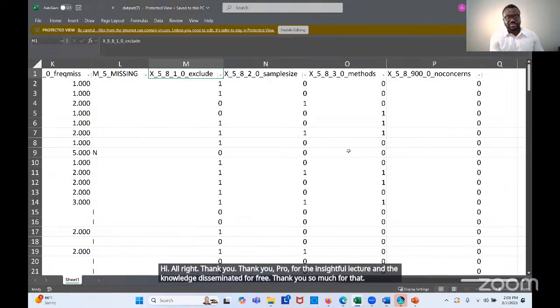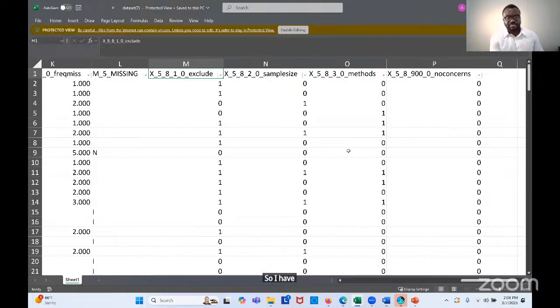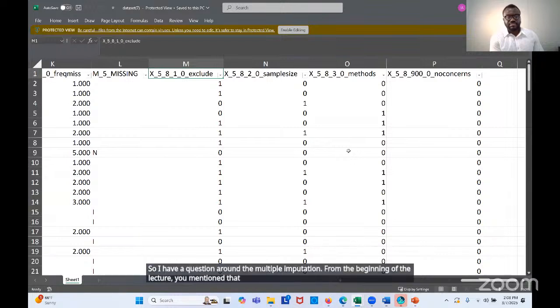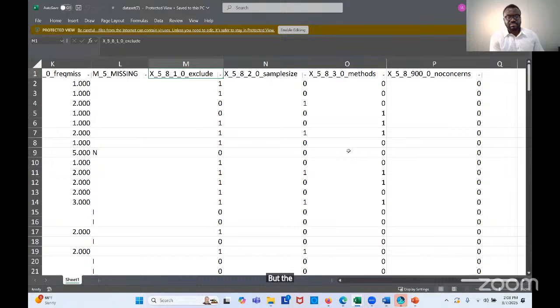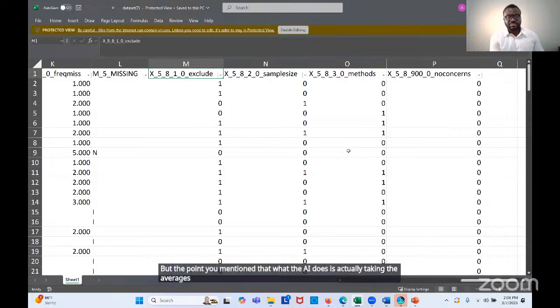So, I have a question around the multiple imputation. From the beginning of the lecture, you mentioned that using AI to address any missing data will be very erroneous, which I agree with 100%. But the point you mentioned that what the AI does is actually taking the averages of the numbers above and below to fill in those gaps of the missing numbers.